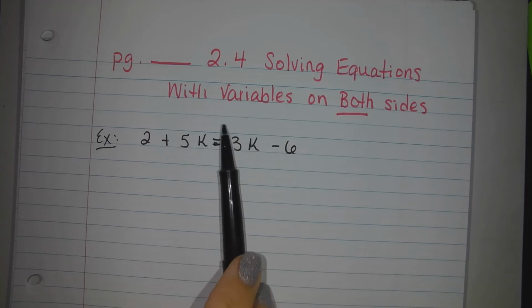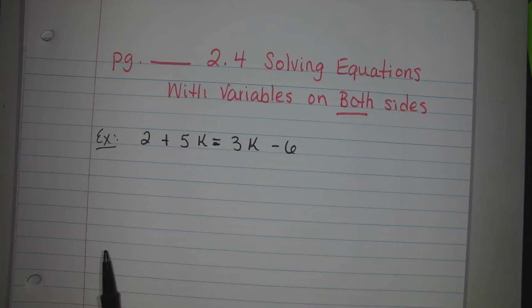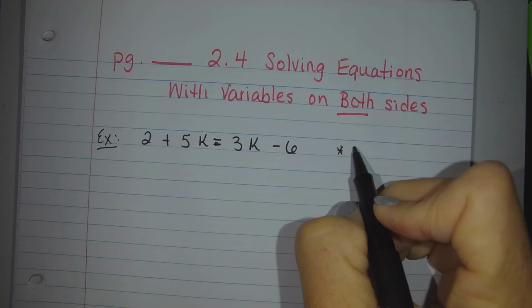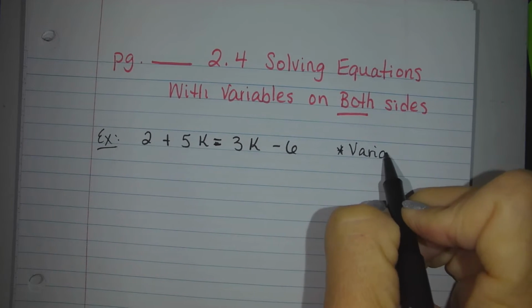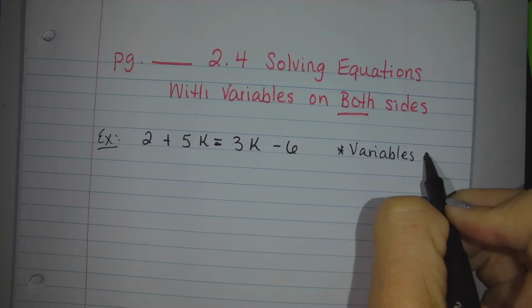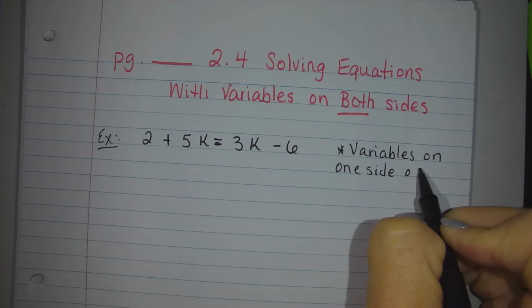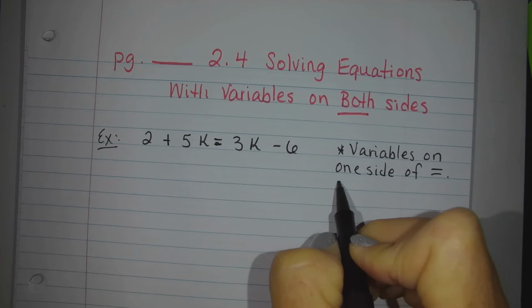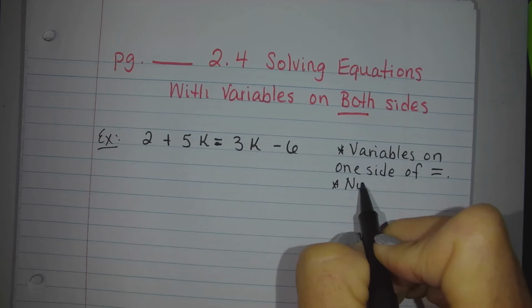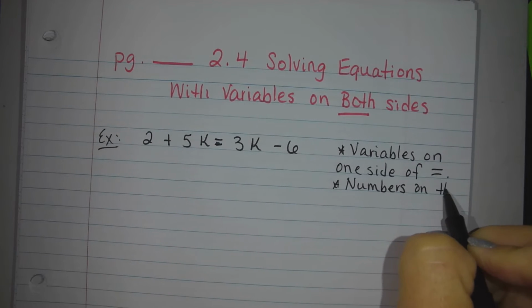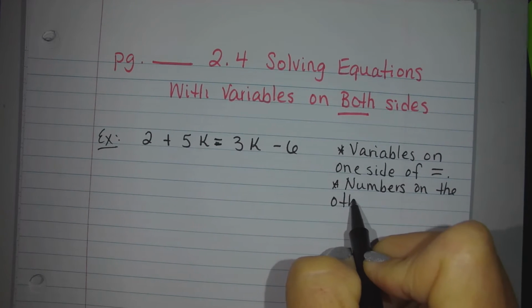The end goal is variables on one side, numbers on the other. So I'm just going to say we need variables on one side of the equal sign, numbers on the other side.